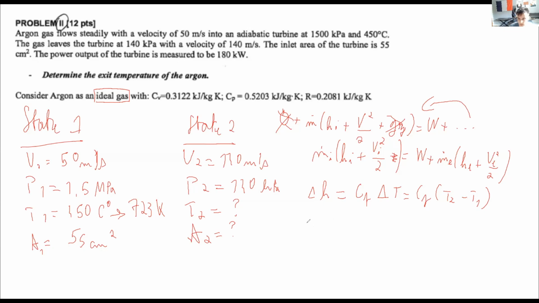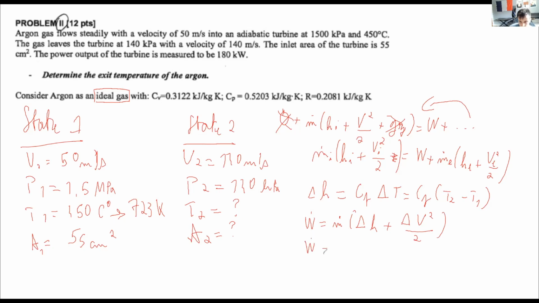reforming it, knowing that the mass transfer rate is equal for both states, we can write it as delta h plus delta V squared over 2.